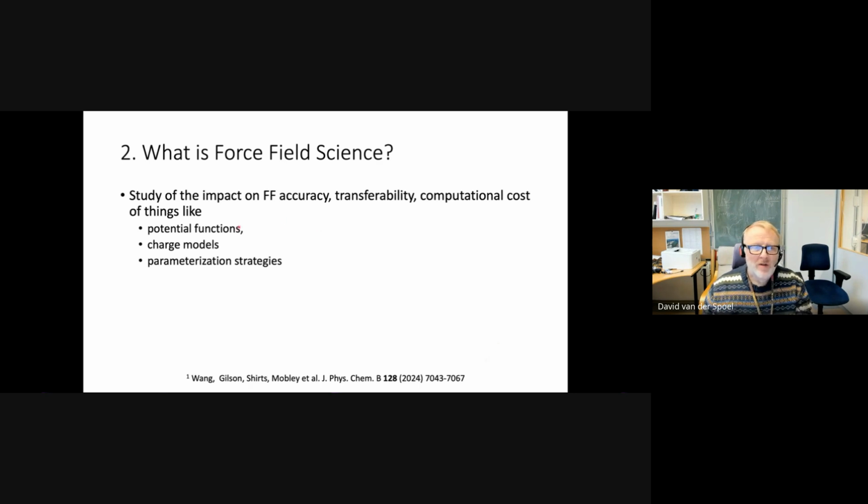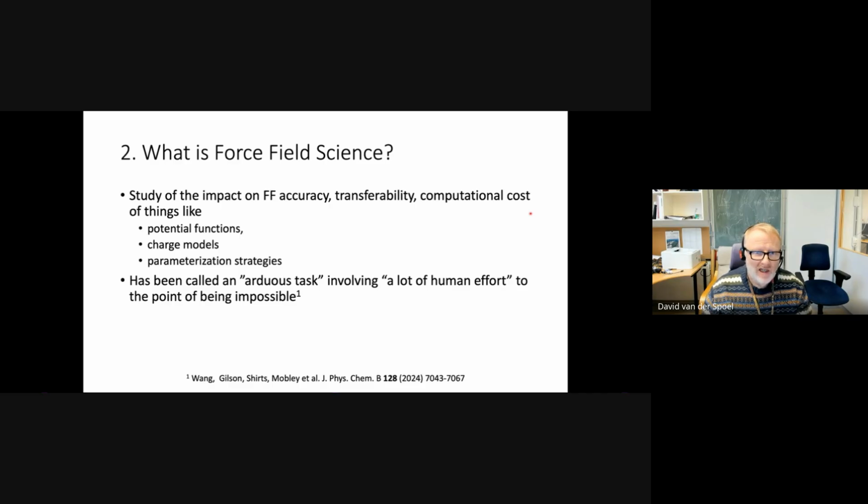It can be defined as the study of the impacts on force field accuracy, transferability, computational cost, etc., of things like potential functions, charge models, and also parameterization strategies. So if we change the potential function, how much more or less accurate does our force field become, and how much more transferable, and also, not to be neglected, how much more expensive does it become?